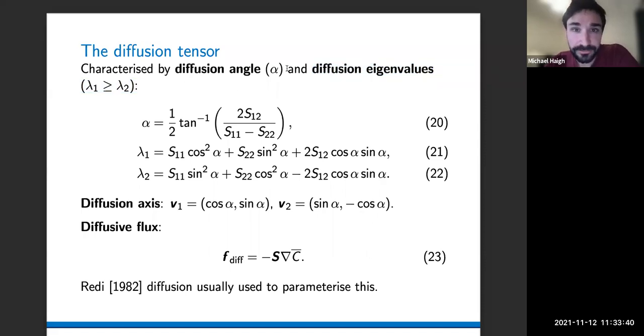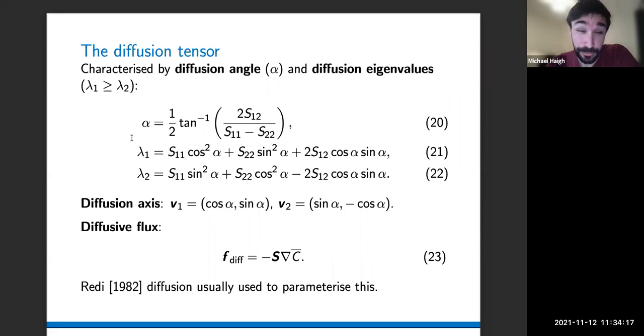The diffusion angle represents the angle of the principal axis of the diffusion tensor, and you can compute it using the inverse tan of a fraction with the elements of the diffusion tensor. Once you've got the diffusion angle, you can then calculate the two diffusion eigenvalues using a combination of the entries of the diffusion tensor and these cosines and sines of alpha.